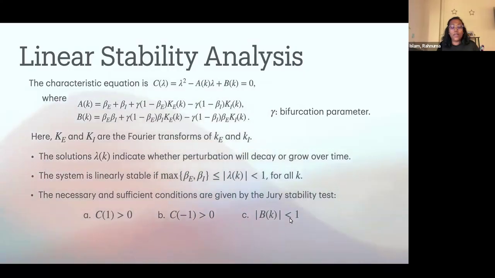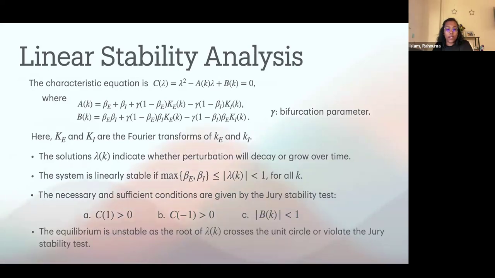So next, we will talk about what happens when the system is unstable. The system will be unstable if any of these Jury stability tests is violated. Another way to say it is that the root of lambda will cross the unit circle.